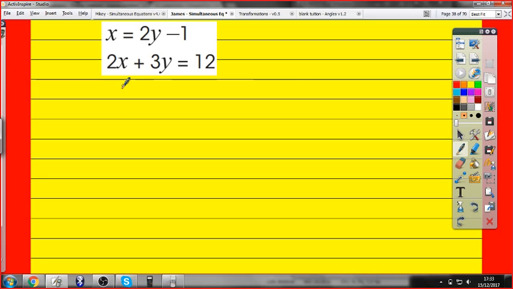So how could I substitute that into equation 2? I really don't know. What could you write instead of 2x? 2y minus 1. That's right, 2 times 2y minus 1. So it's literally, instead of writing x, you're writing 2y minus 1 because x equals 2y minus 1.